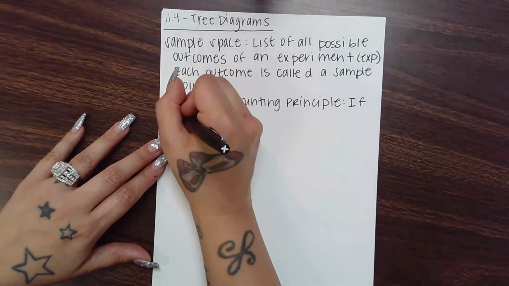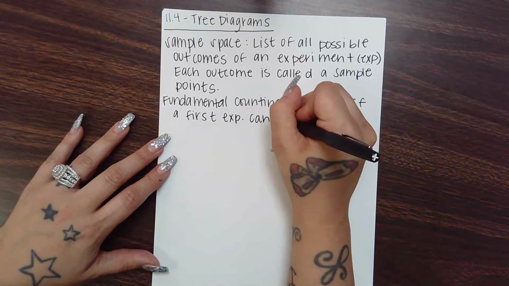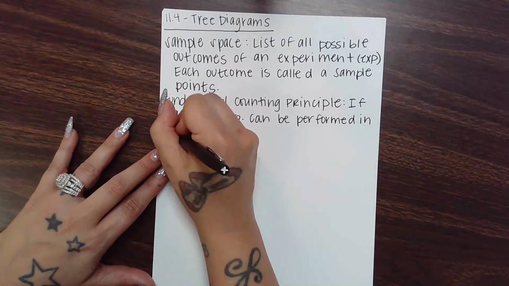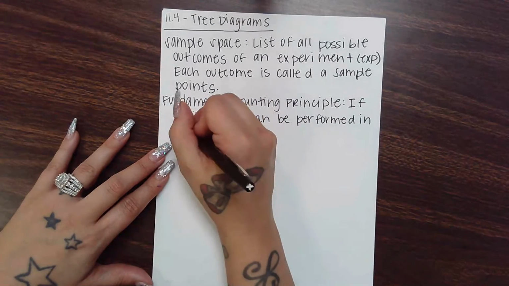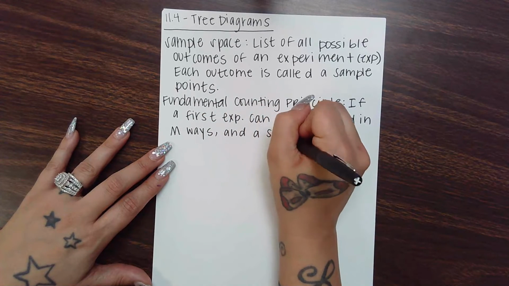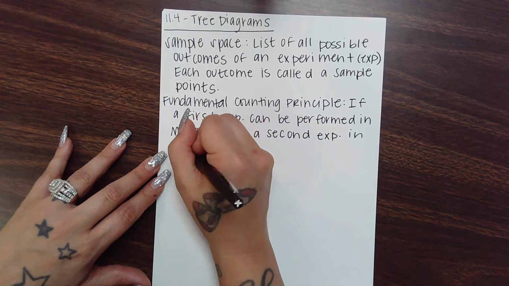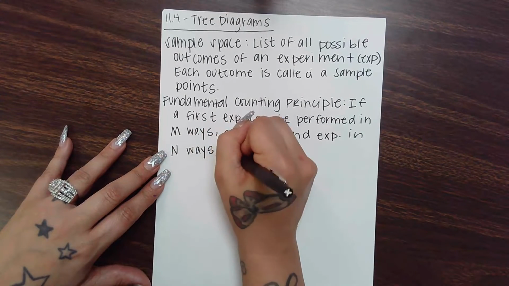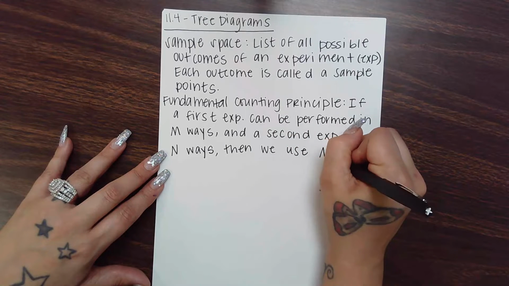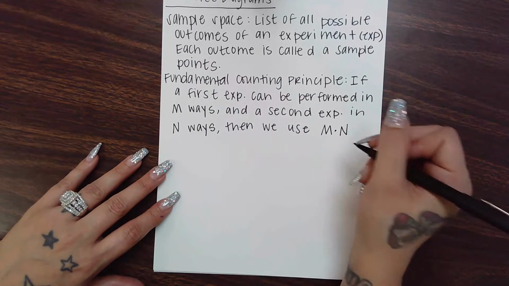So if a first experiment can be performed in M, like a capital M, like for moon, in M ways, and a second experiment in N, like number, in N ways, then we use M times N to determine the total number of ways.